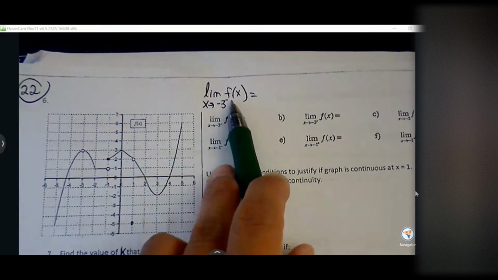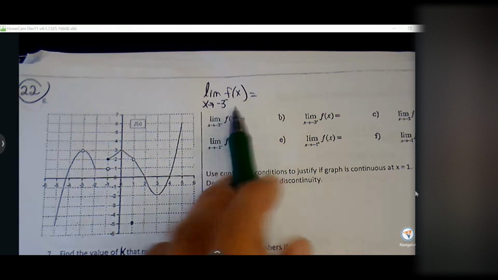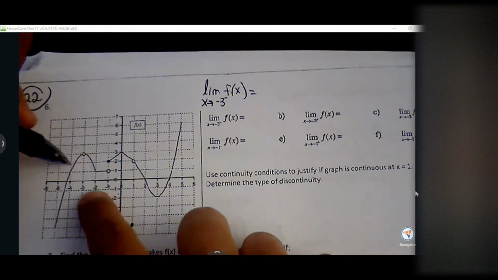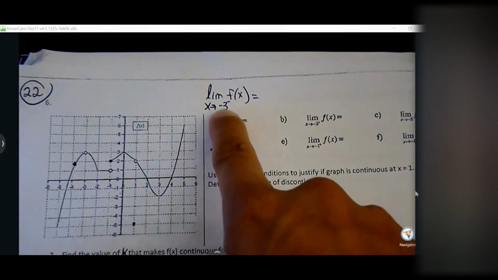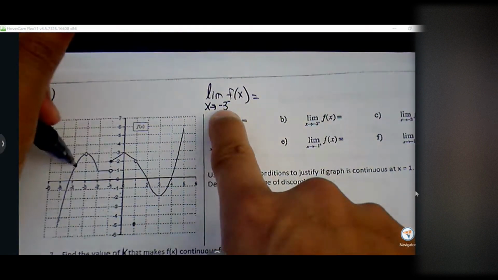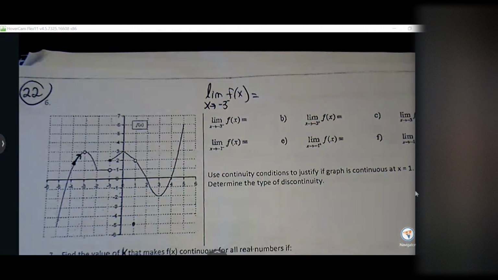That negative notation means that we're choosing a point to the left of -3, and we're going to head towards -3. So that means we're going to draw an arrow to the right to head towards -3. And where's that arrow headed to? 3.